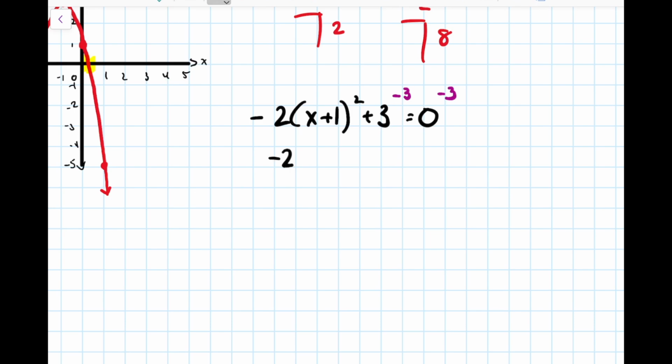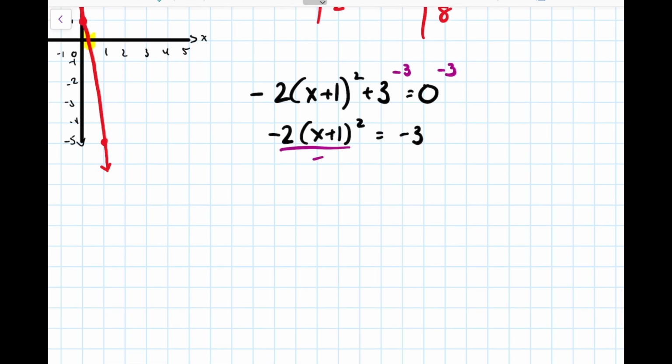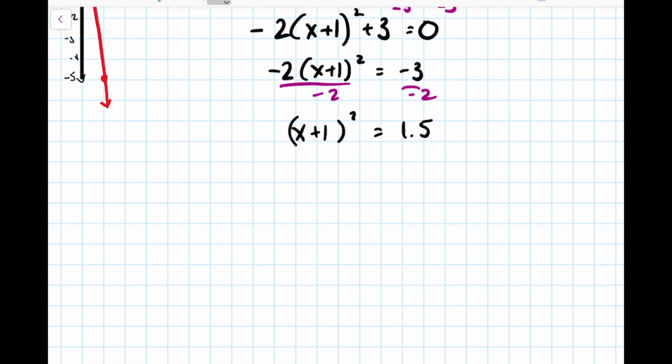It gets me -2(x plus 1) squared equals -3. Divide by -2 on both sides, which gets me (x plus 1) squared equals 3 over 2, or I'm going to go with 1.5 because decimals are going to be okay here. We're going to square root both sides, which gets me x plus 1 equals plus or minus, don't forget that, 1.22.